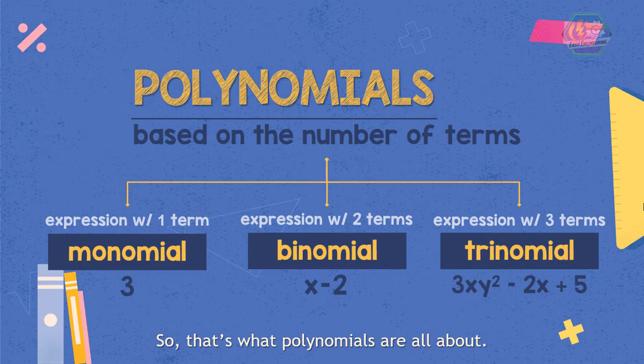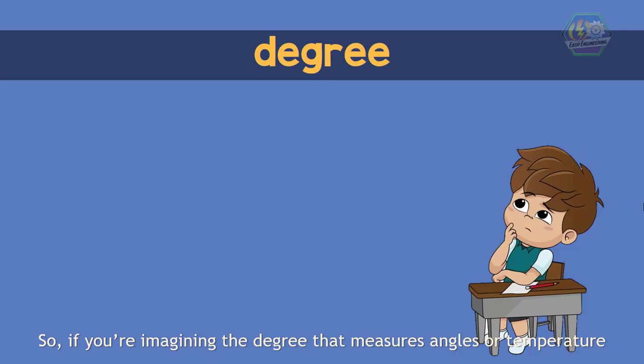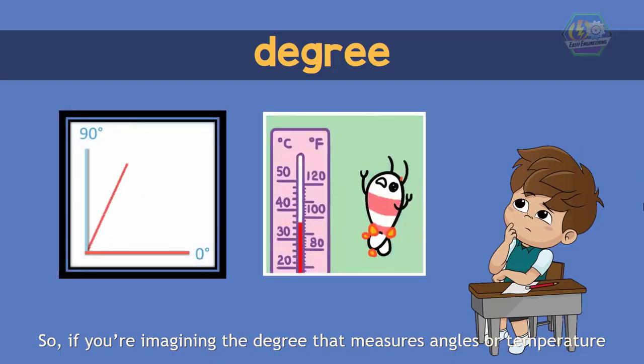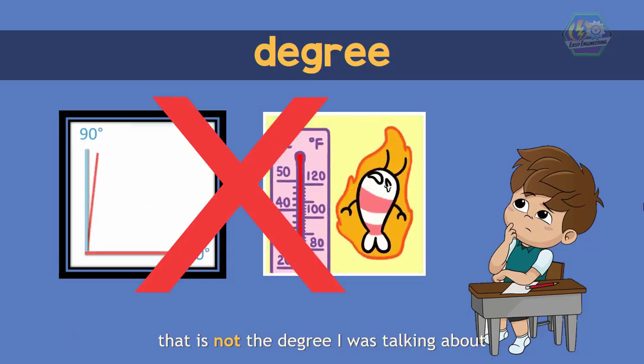So that's what polynomials are all about. But did you know that there is an important property of terms and polynomials? And this is called the degree. So if you're imagining the degree which measures angles or temperature, I'm sorry to disappoint you, but that's not the degree I was talking about.